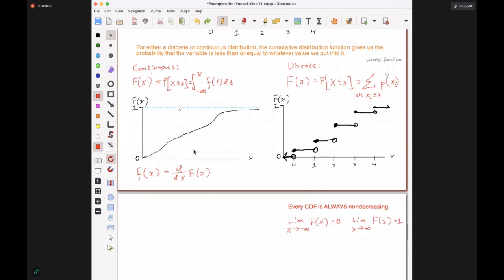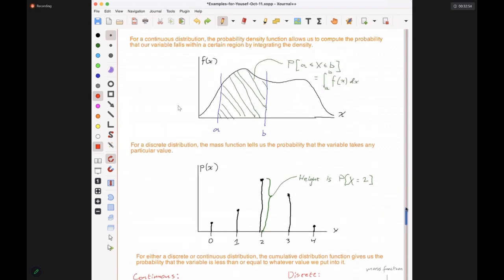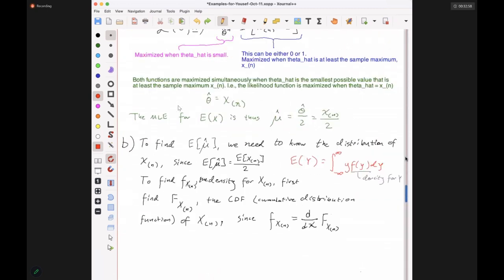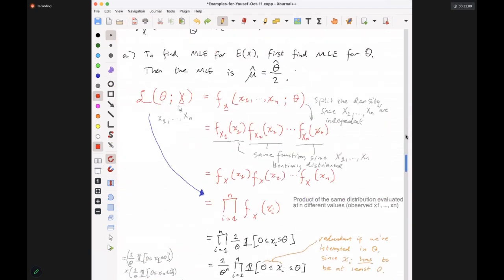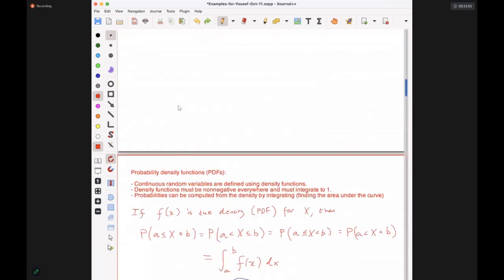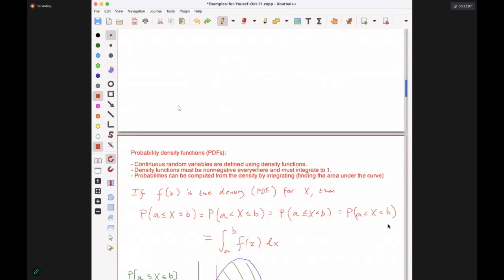And then, have we talked about expectation at any point? Like how to actually calculate it? Okay.